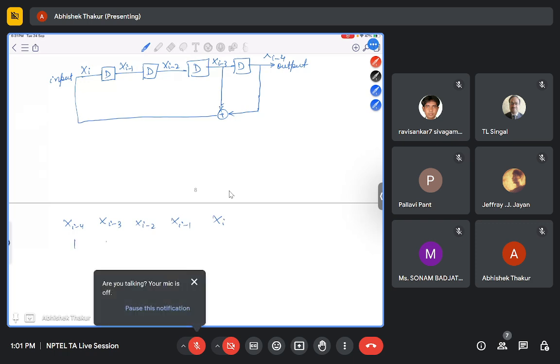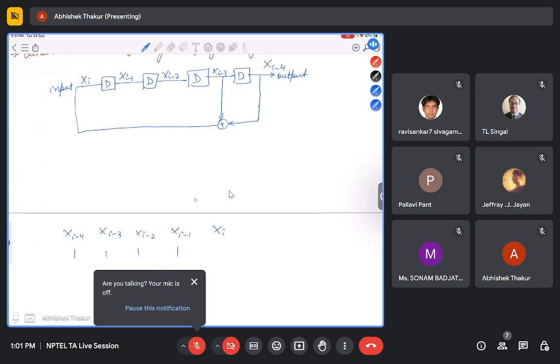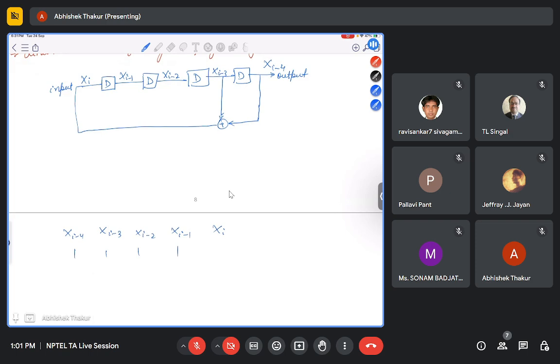So when all the x are 1, we are doing the XOR of xi minus 3 and xi minus 4. We can write it in sequential order.